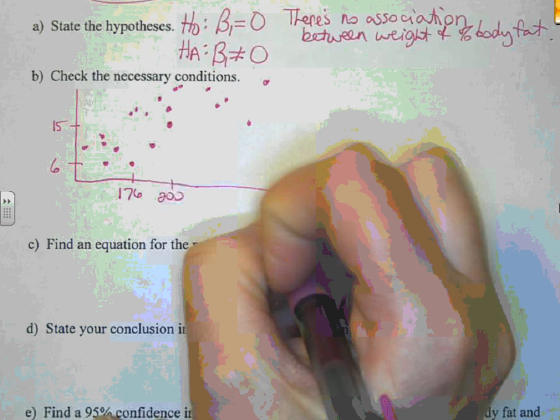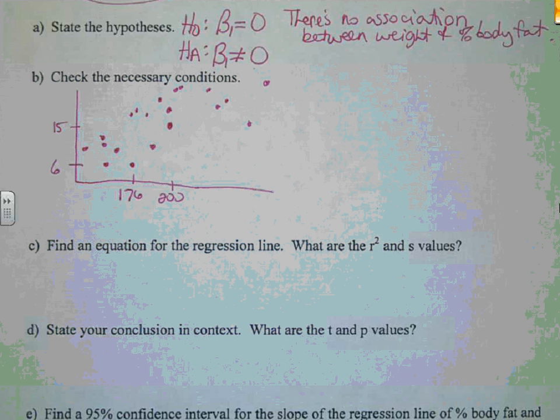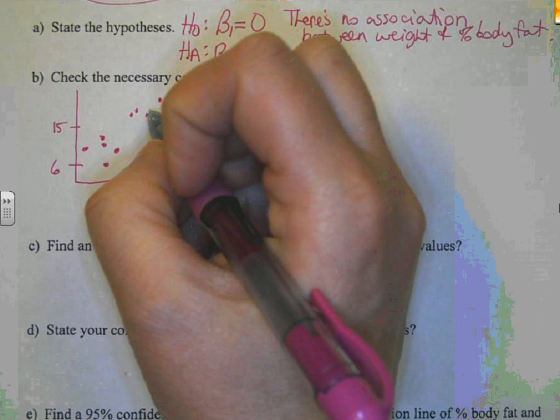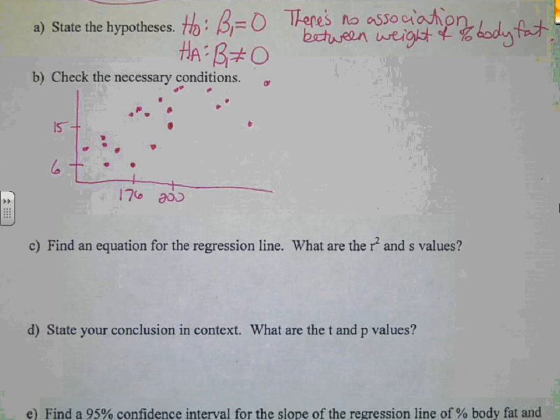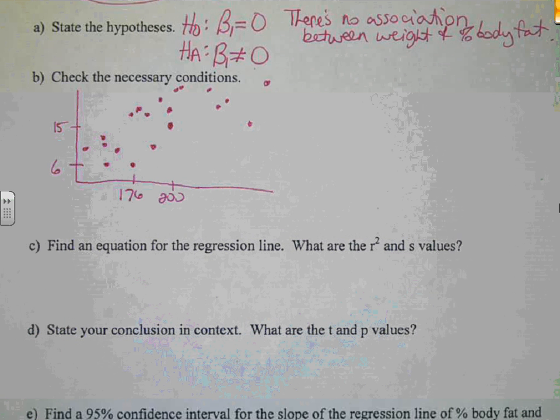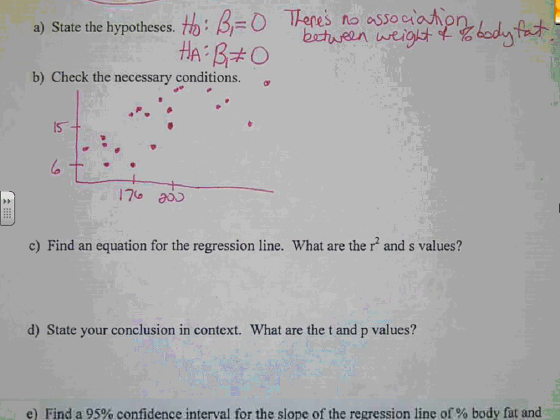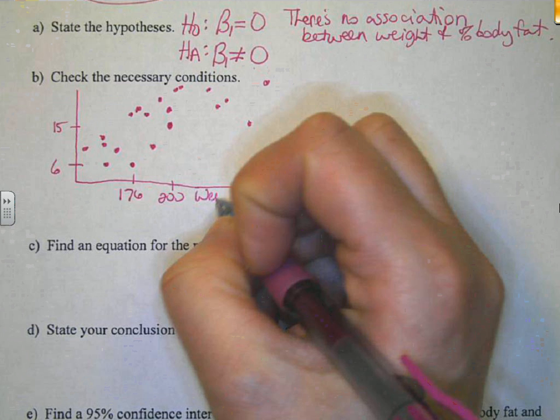Something like that. We have to label. Yeah, any scatter plot you always should. So what is our x-axis? Weight, and our y is percent body fat.